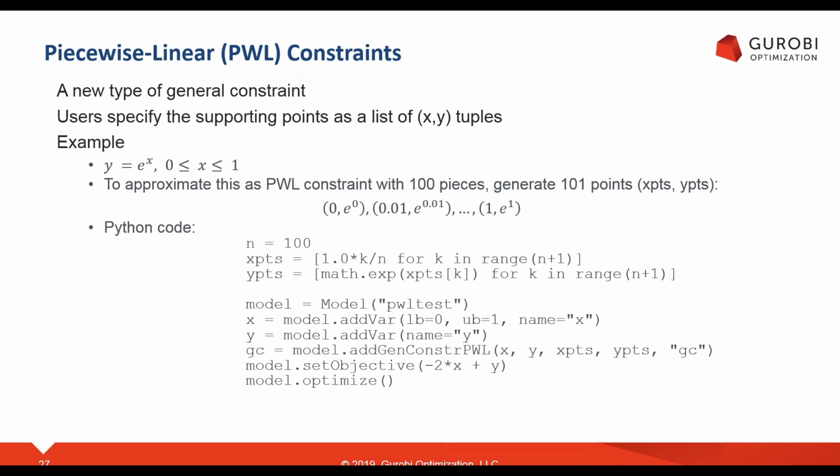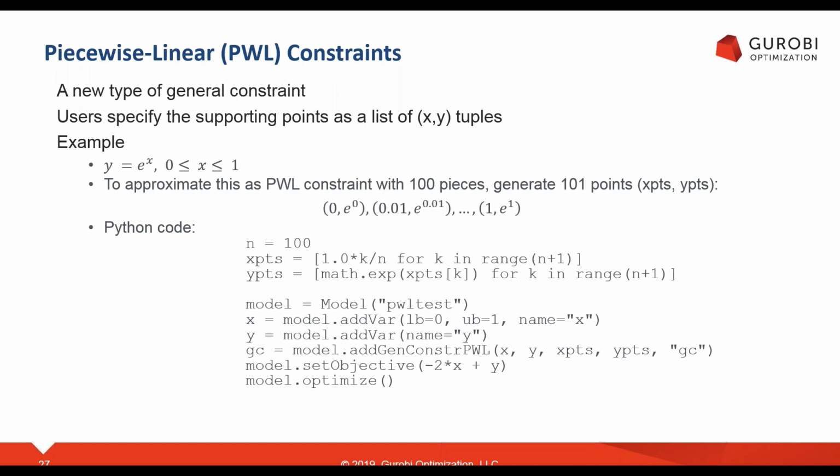And in Python, you could write it as follows. So you create these two arrays, xpts and ypts, that specify the tuples. The first one is for the x coordinate, and the second one is for the y coordinate. Then, as usual, you create a Gurobi model, add the two variables, x and y, and then you add this piecewise linear constraint with this new function addGenConstrPWL.